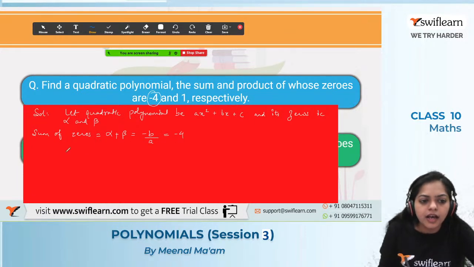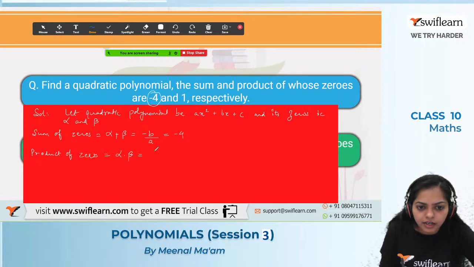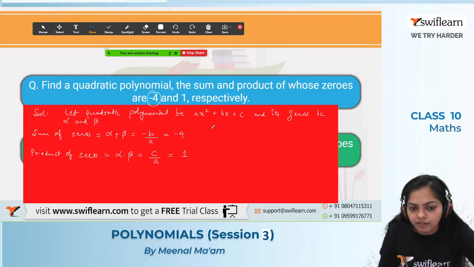Got it? And again, product of zeros is equal to alpha into beta, and that is equal to c by a. That is again given as 1. So from these two steps, what will I get?